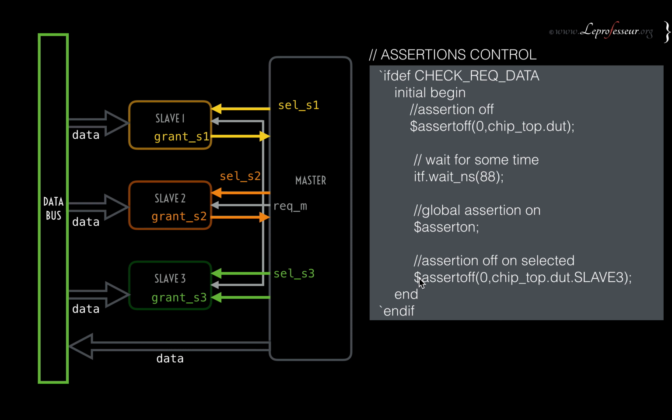For example, in this example, I don't want to turn on the assertions on slave 3. So I am turning off all of the assertions on slave 3, and just want to focus on the slave 1 and slave 2 assertions. The assertion control file is very handy when you need to debug hundreds of assertions.